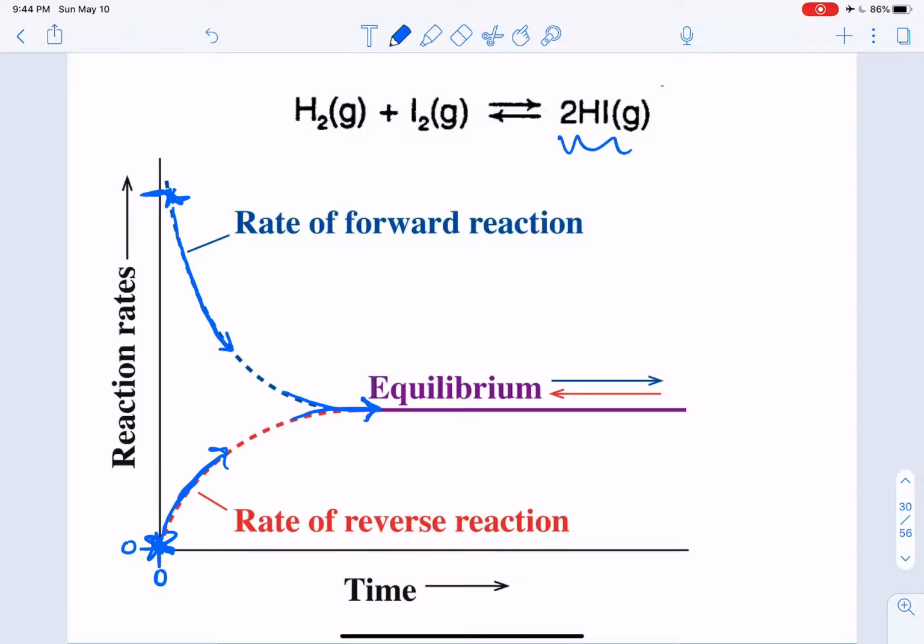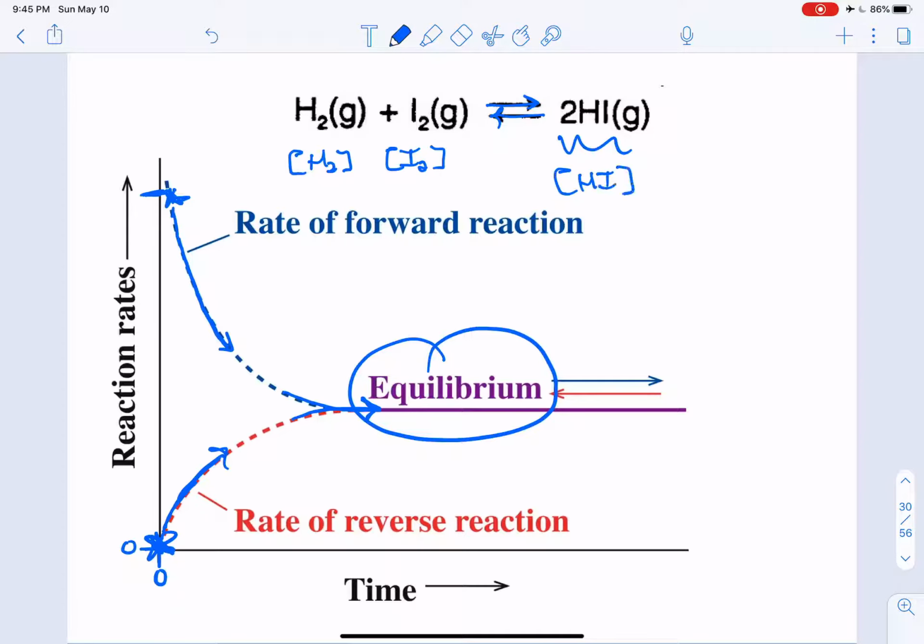And this, friends, is equilibrium. The rate of the forward reaction and the rate of the reverse reaction are equal, and the concentrations of H2, I2, and HI remain constant.